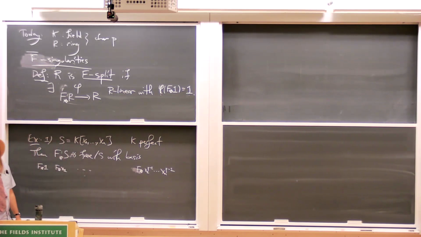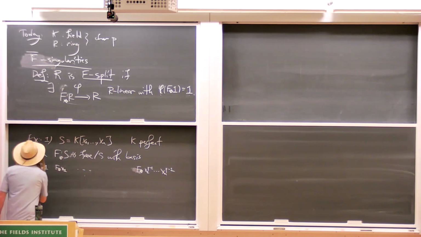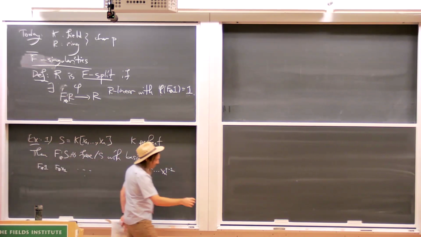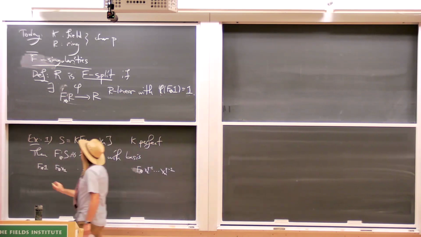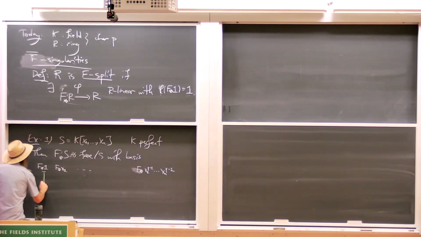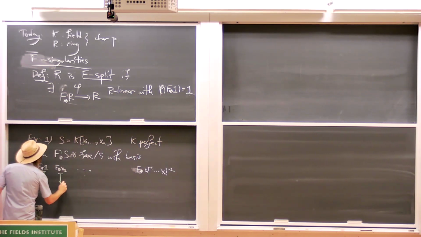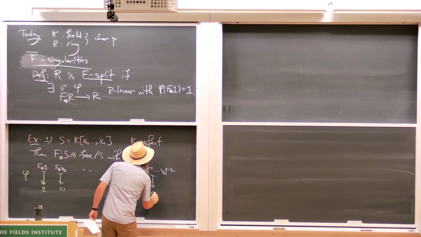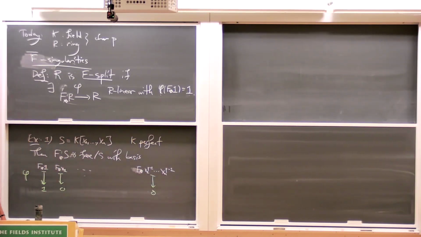Because this is free, we're free to map these by an S-linear map however we like. There's one and only one S-linear map that does this, and I don't really care what happened to the other ones in particular. This is a map that witnesses that S is F-split.